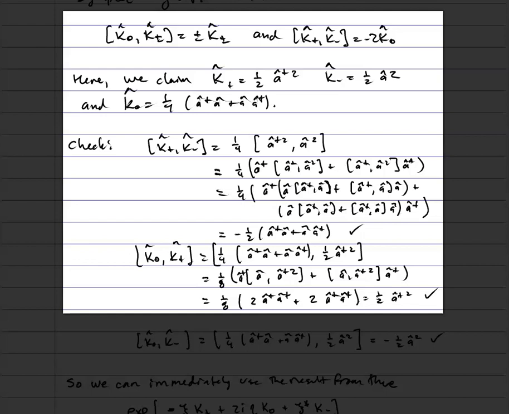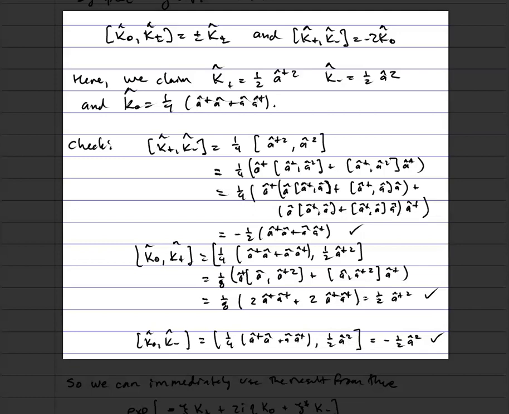We can go ahead and calculate the commutator of k0 with k plus. Again, it's just using Leibniz rule again. And when you go ahead and do that, you find that it is equal to plus k plus. And when you do the commutator of k0 with k minus, you find it is equal to minus k minus. So we do get this symplectic Lie algebra from this representation, just like we claimed.